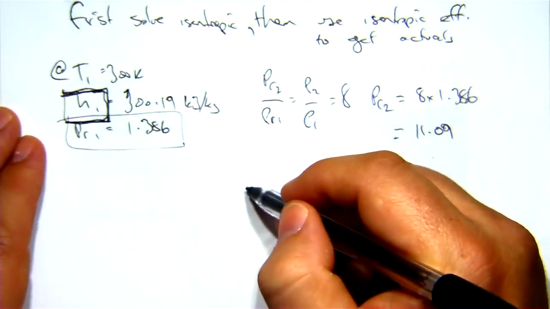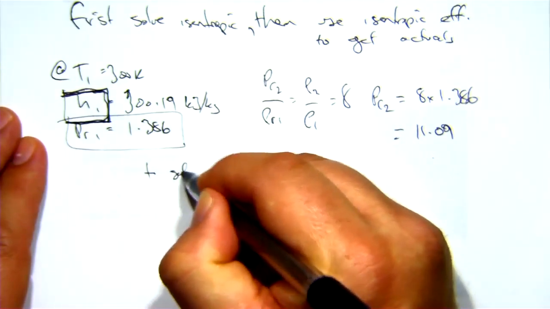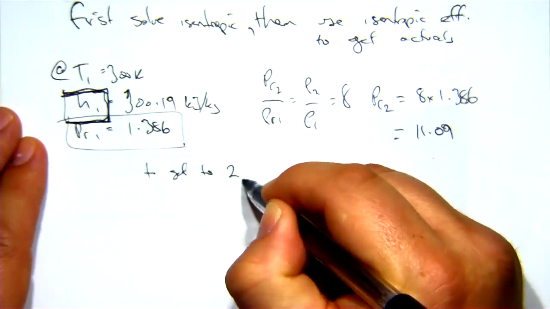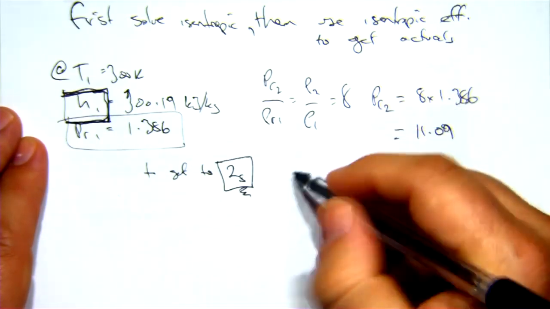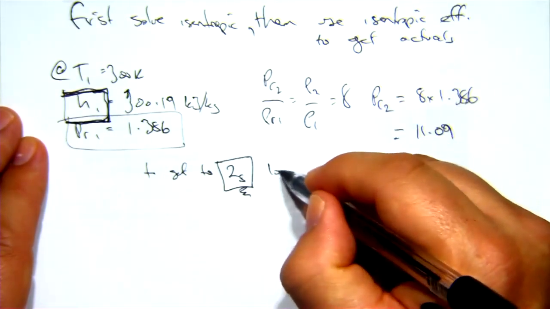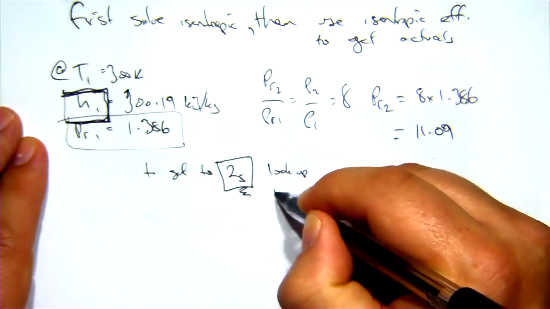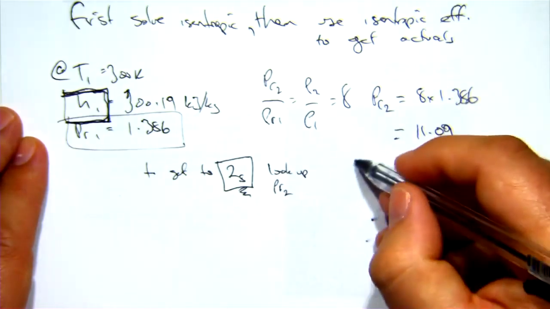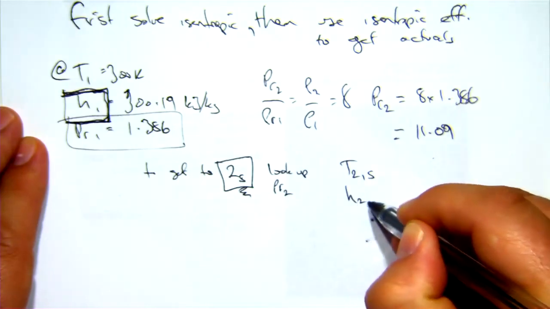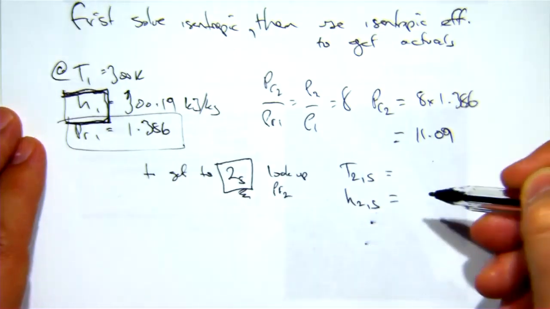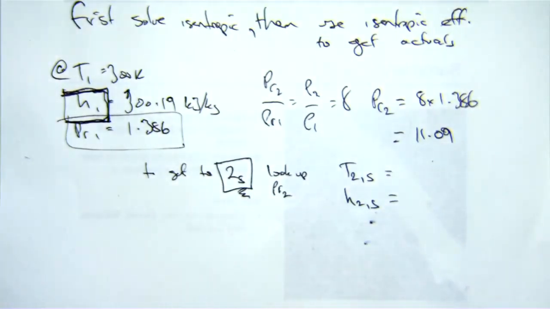So now what I need to do to get to 2S, I need to look up PR2, and I'll get T2S and H2S. So 11.09 is my number.